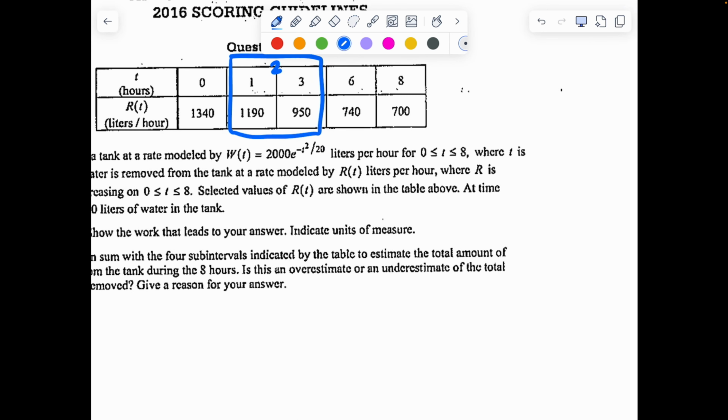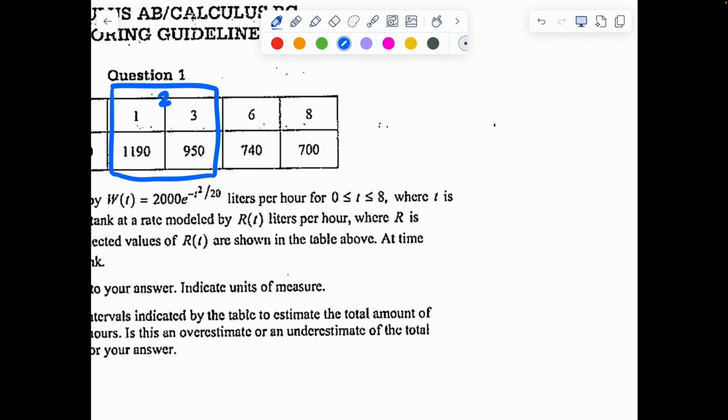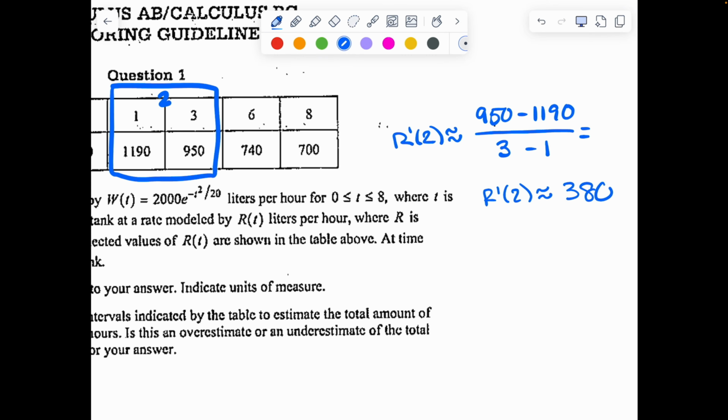And all I have to do is calculate a slope formula. So 950 minus 1190 over 3 minus 1. And I get that R prime of 2 is approximately 380.